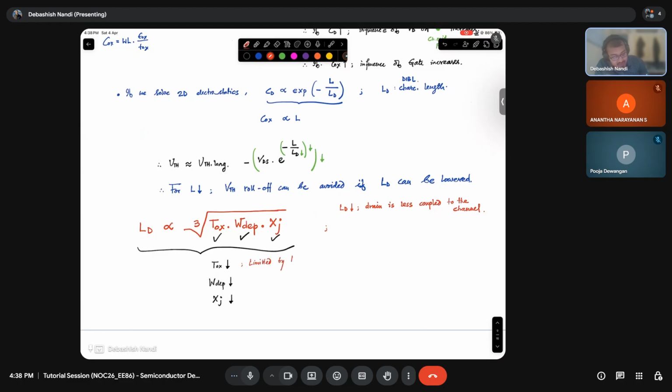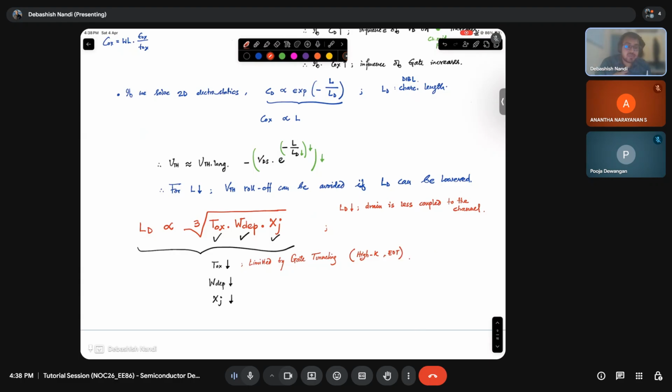Limited by gate tunneling, right? You cannot reduce this arbitrarily, right? Yes, sir. So this led to the invention of high K dielectric or EOT that we have discussed in the last class.